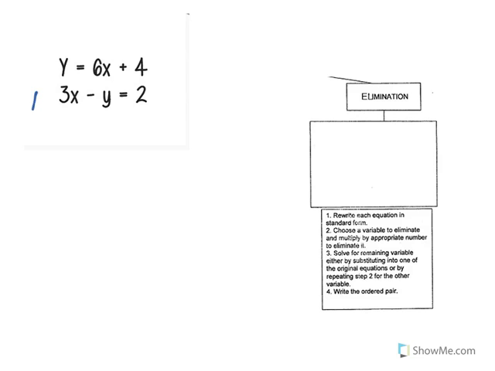As you can see, the second equation is already written in standard form, which, if you remember, standard form is ax plus by equals c. So I have my x, my y, and my c. But my first equation is written in slope-intercept form, so I need to rewrite it into standard form.